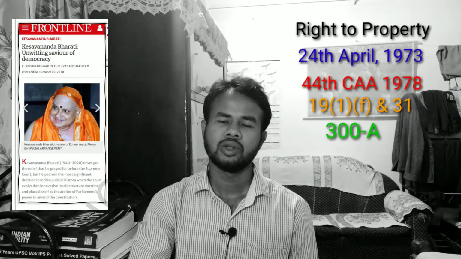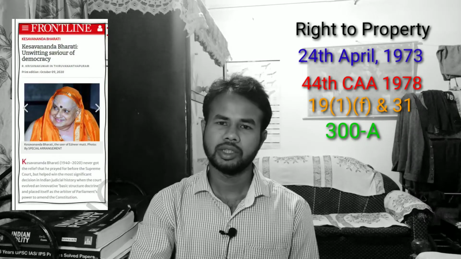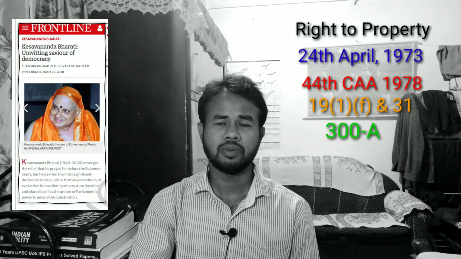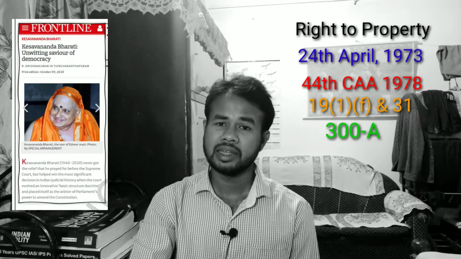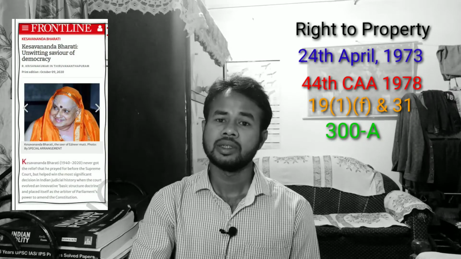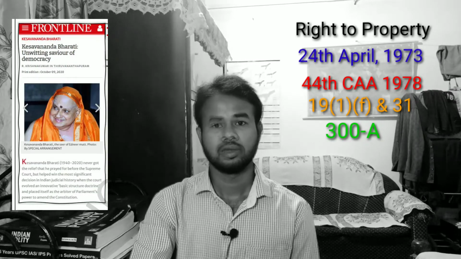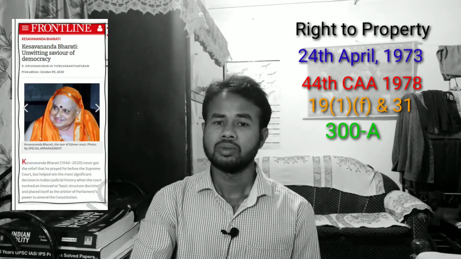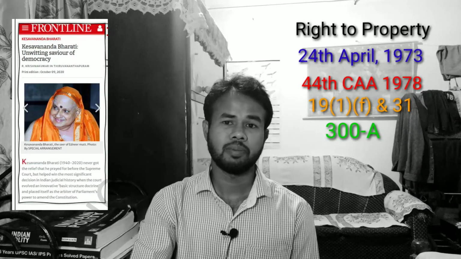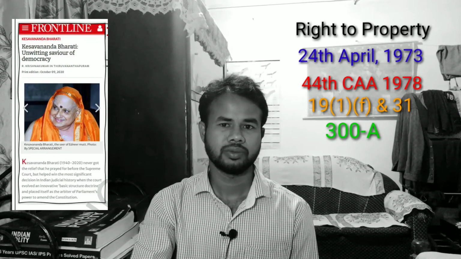That means no authority or executive can take your property until and unless Parliament makes a law. It can only be taken once the government makes a law in Parliament in public interest.